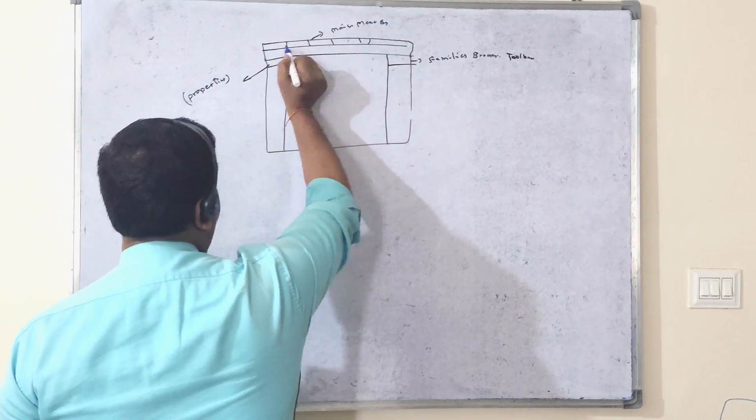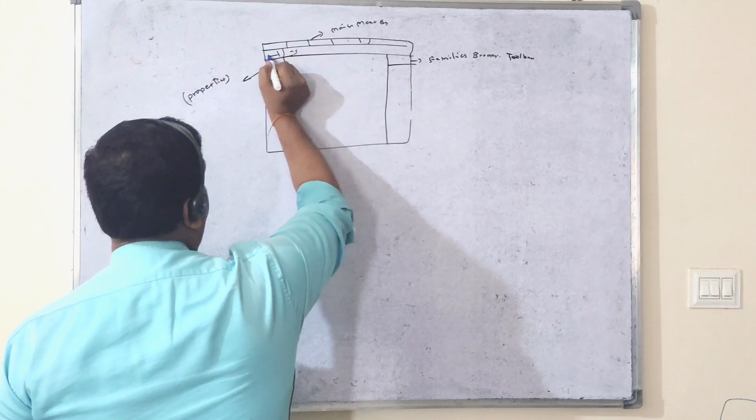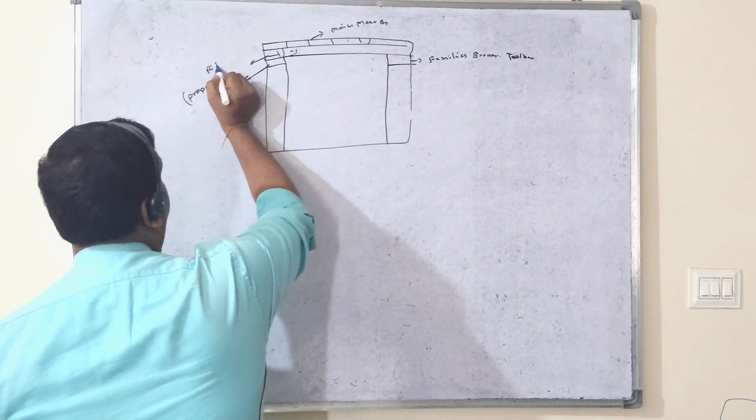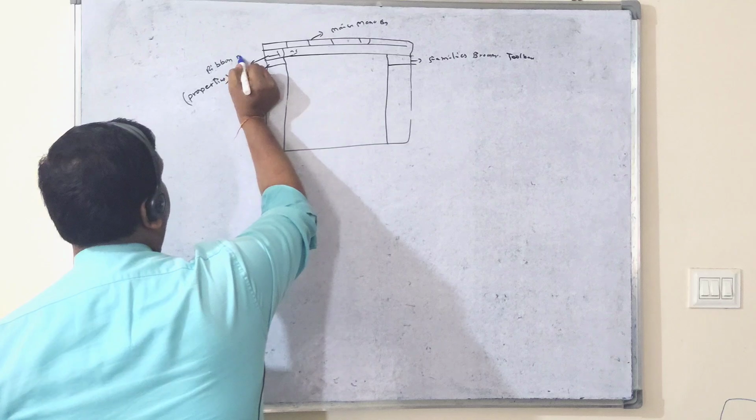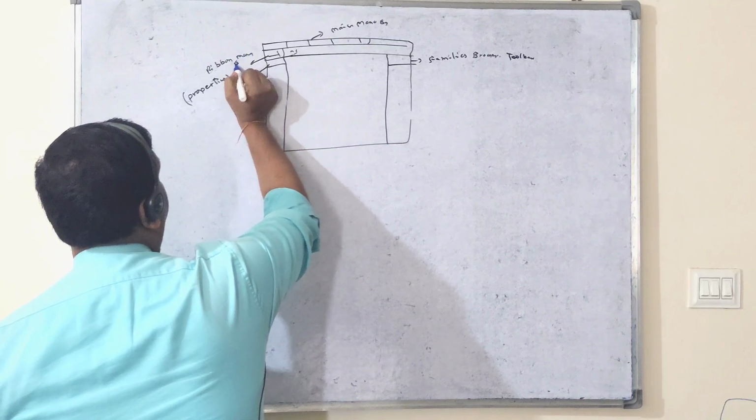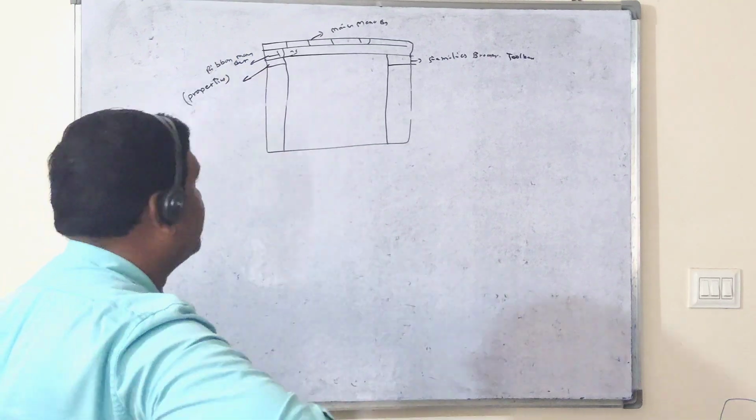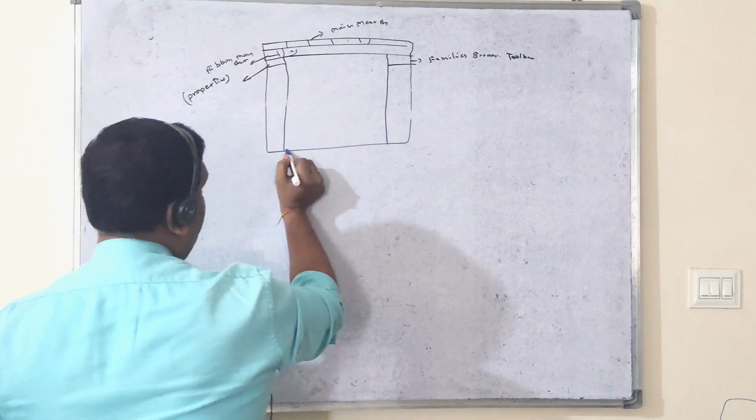When you select any of the main menu bar items, it shows you the ribbon menu bar, the same view. So the main menu bar and ribbon menu bar will be here.